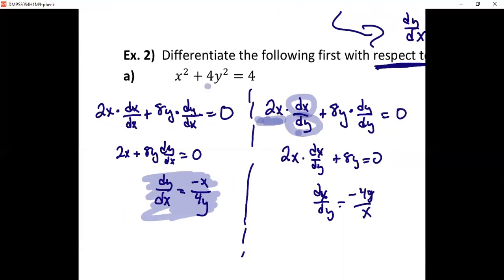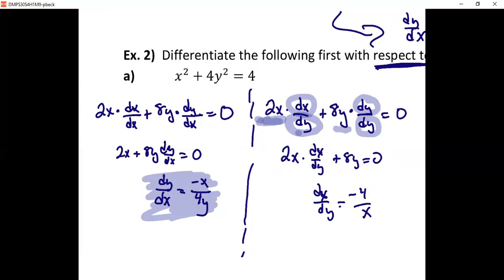And the derivative of 4y squared is 8y, chain of dy, now with respect to y, so that dy is in the denominator. This time the dy's reduce with each other. And since the dy is reduced with each other, then when we go to simplify our expression, 2x dx/dy plus 8y is 0.